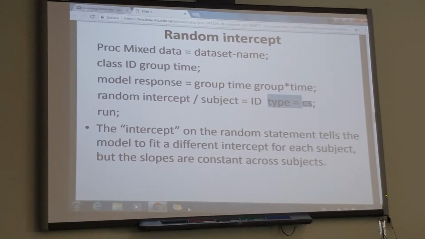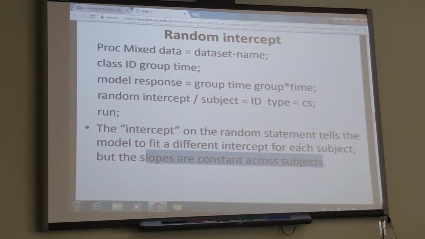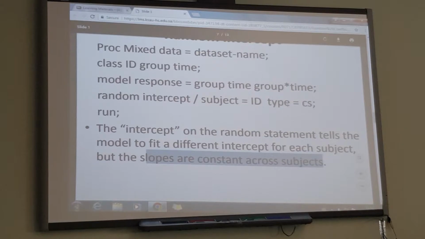So now by this, the random statement will tell the model to fit a different intercept for every subject, but the slope is constant across subjects. Constant means parallel. They never interact. And to make it constant, we have to use type equal what? Compound symmetry. Remember compound symmetry, what it will do?